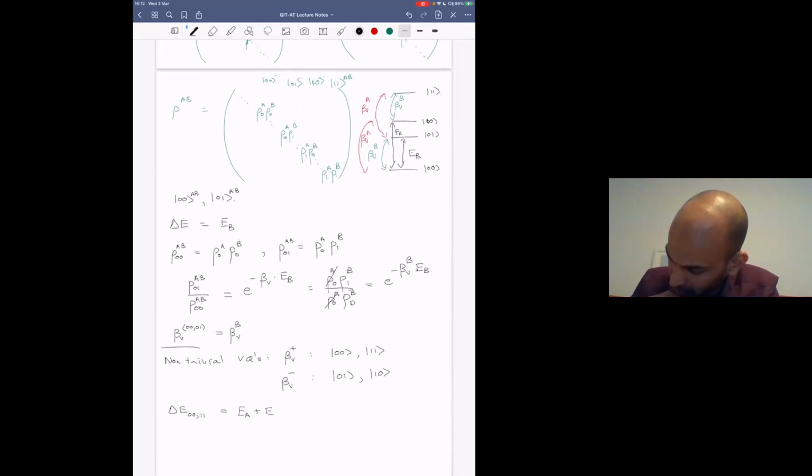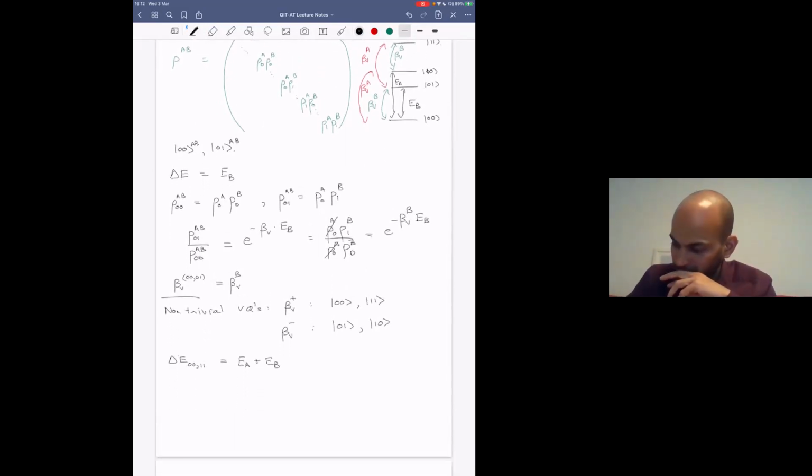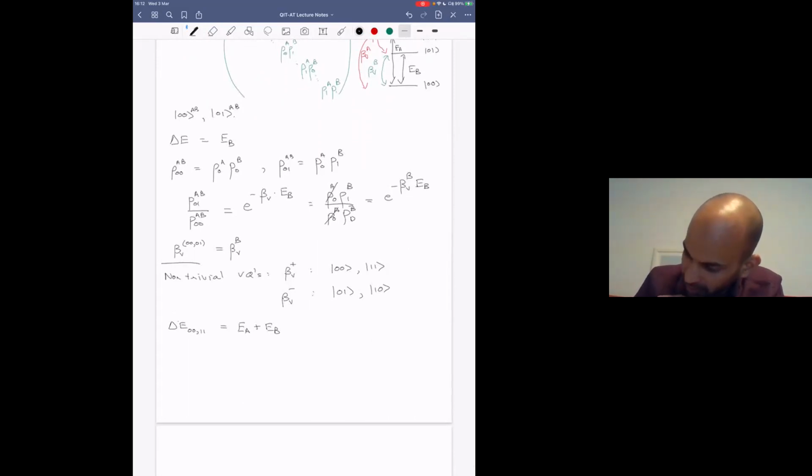Because if you go from the state 0, 0 to 1, 1, both A and B go to the excited states. So the energy difference is the sum of the two energy differences originally. And the population P00 is P0 times P0, and P11 is P1 times P1, for A and B.